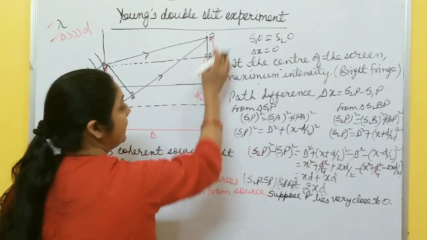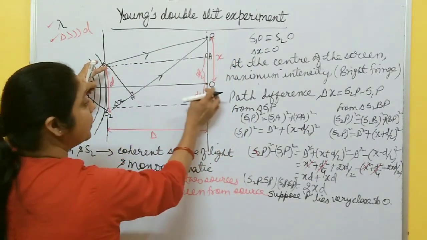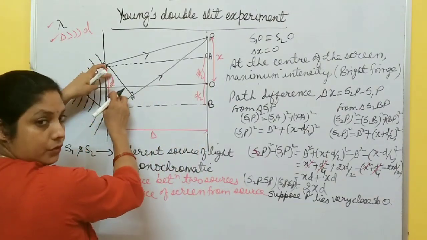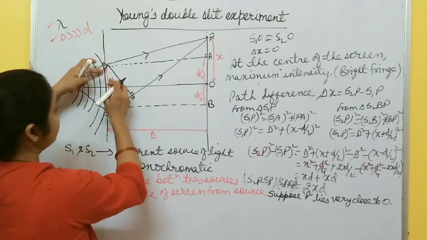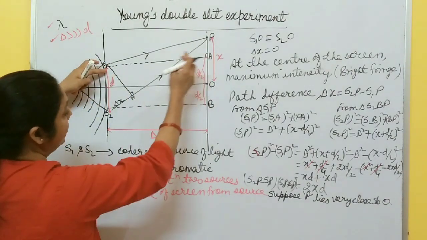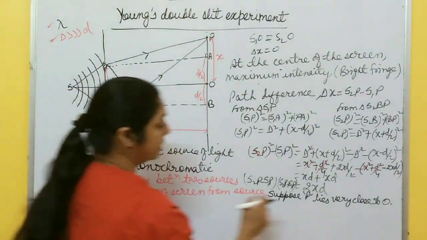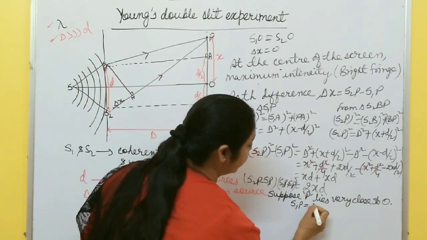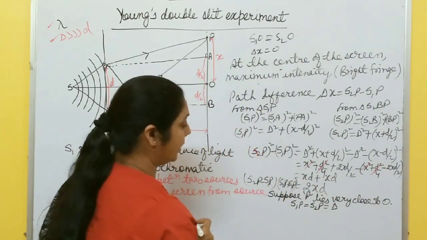If this point P lies very close to this point O, it means S1O and S2O, if this distance is also very small in comparison to this D, so S1P and S2P both are equal to this distance capital D. So in this case, S1P is equal to S2P equal to capital D, right?